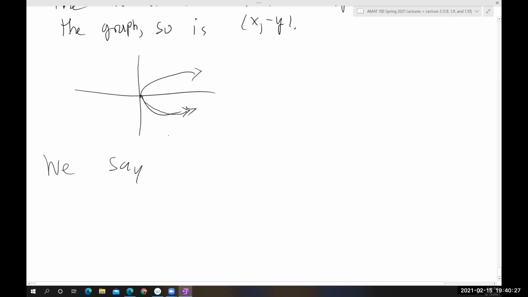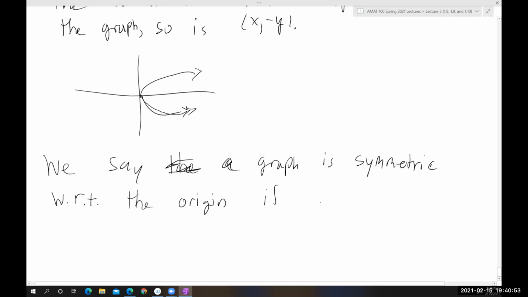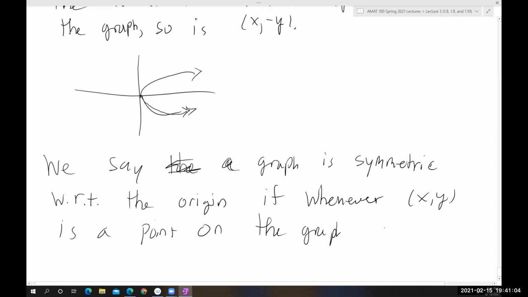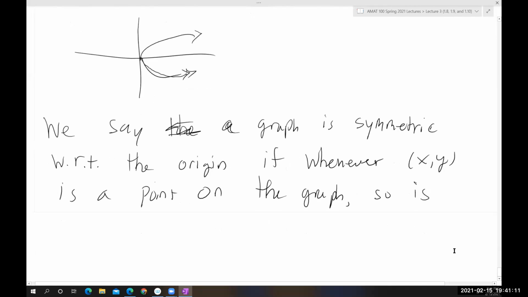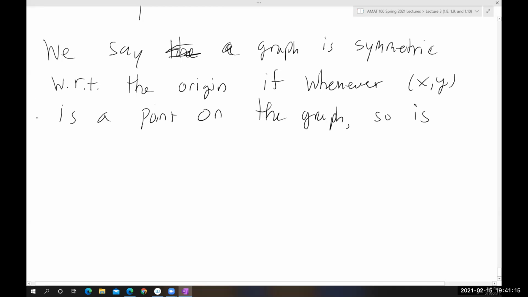We say a graph is symmetric with respect to or about the origin if whenever (x, y) is a point on the graph, so is (-x, -y).